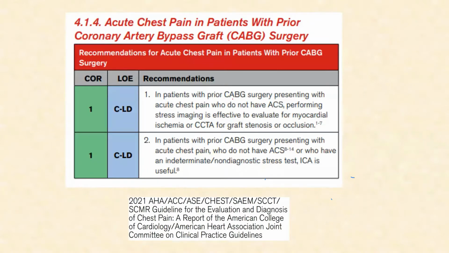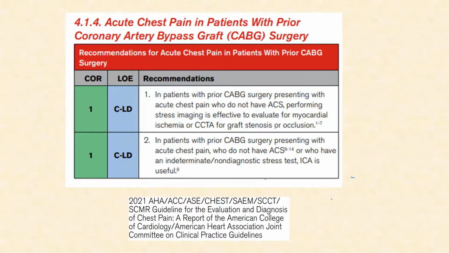Now, in a patient with prior CABG presenting with acute chest pain, who does not have acute coronary syndrome, so you ruled out acute coronary syndrome, performing stress imaging is effective to evaluate for myocardial ischemia, or CCTA for graft stenosis or occlusion.